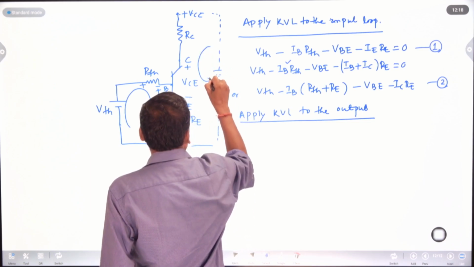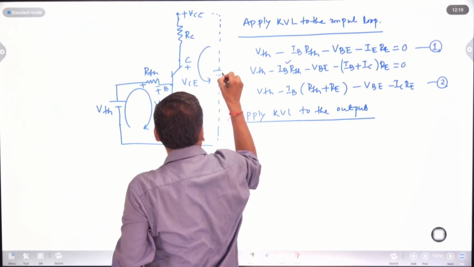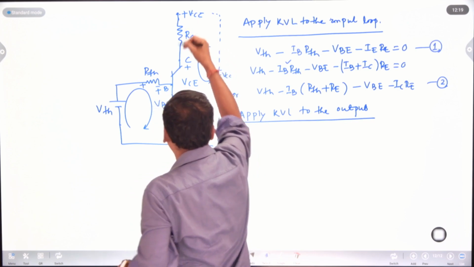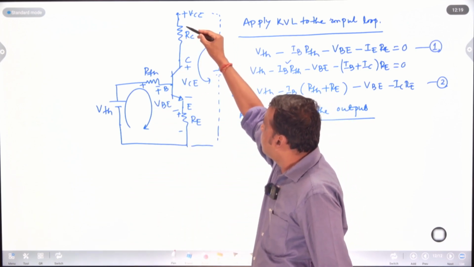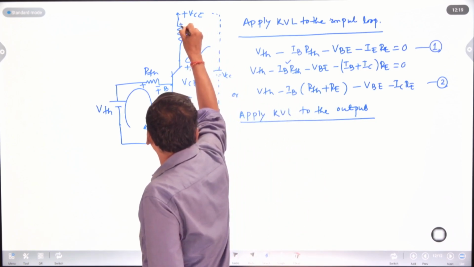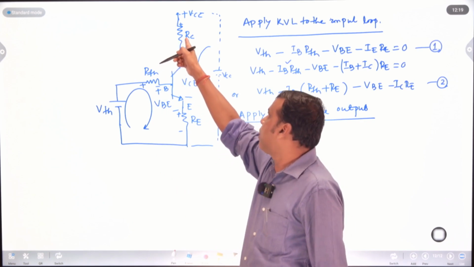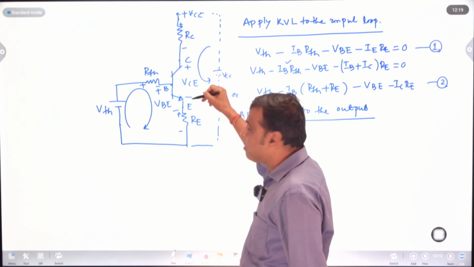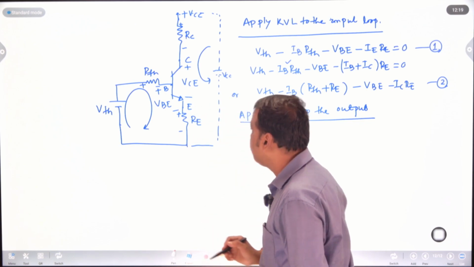This to this is nothing but VCC. So the loop is forming like this. So plus VCC, the current entering is plus, leaving is minus. The current flowing through the collector terminal is the collector current, IC into RC, plus to minus, minus VCE, plus to minus, minus emitter current into RE equal to 0.